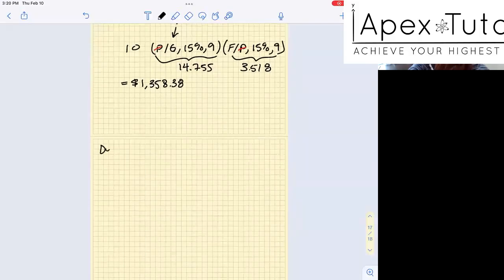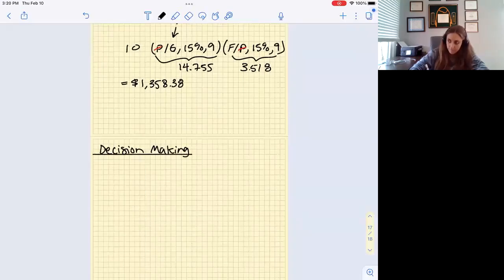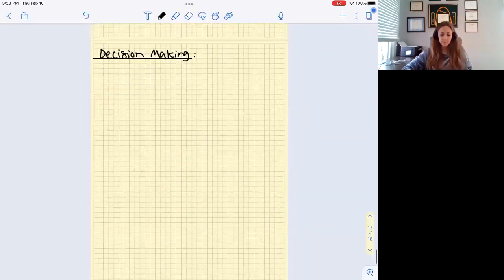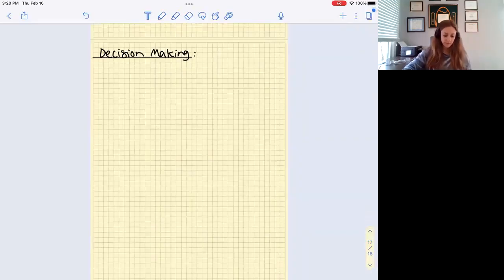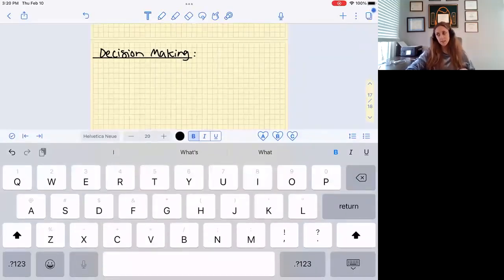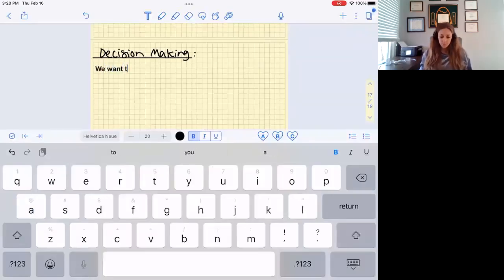So let's talk about decision making. Let's say you have several scenarios, or at least 2 scenarios that you're trying to compare and decide which one's better or which one's worse. Of course we would want to maximize benefits or minimize costs. For example, if they were both costs, then we would just minimize the costs and choose the smallest one.